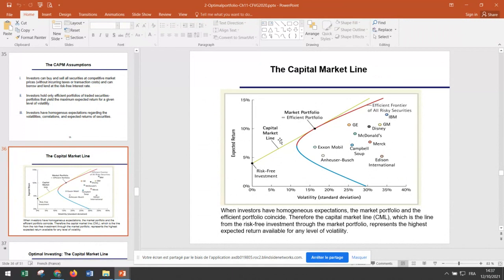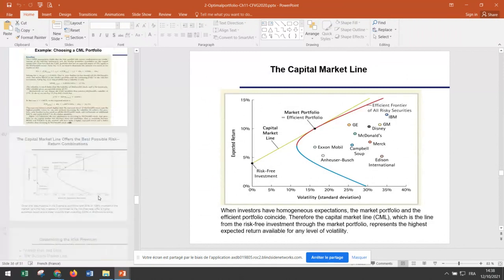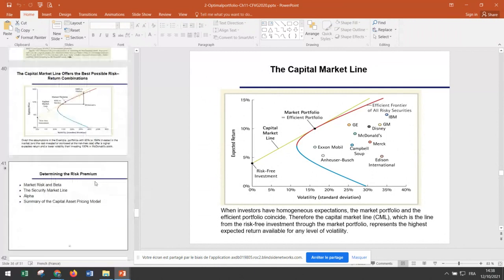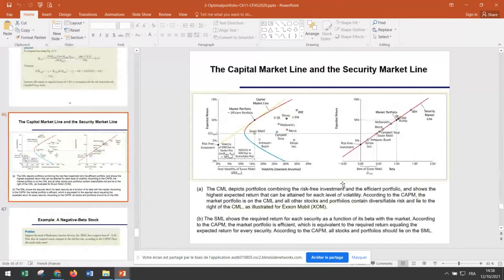It means that for each individual stock, if you believe that all investors try to eliminate idiosyncratic risk and hold only systematic risk, you can transform, for example, ExxonMobil, by having what we call the security market line.